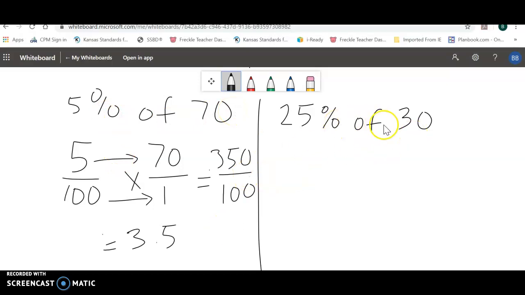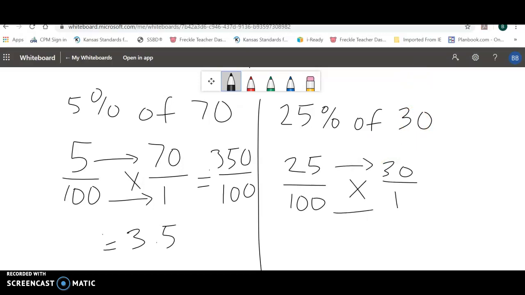So let's try another example. We have 25%. So we're going to change that into a fraction. So 25% means 25 out of 100. Multiply and then change 30 into 30 over a 1.